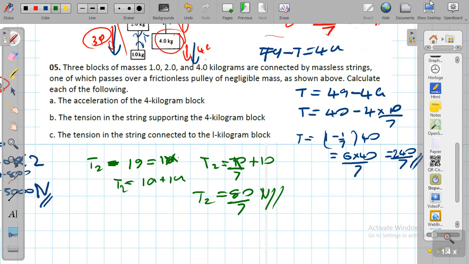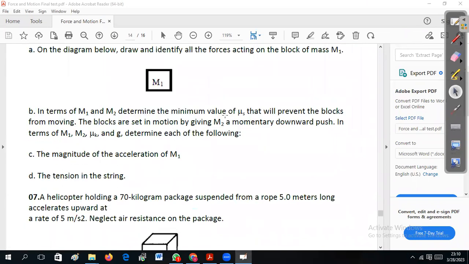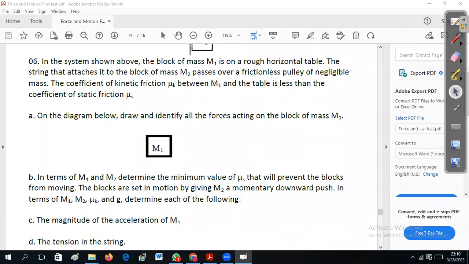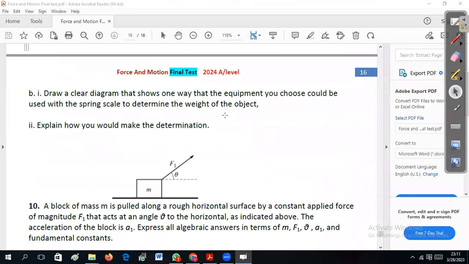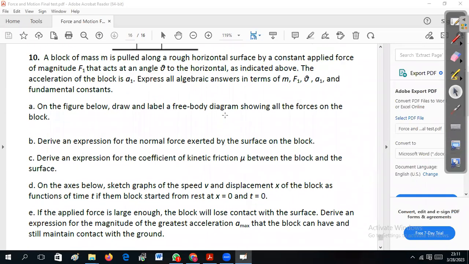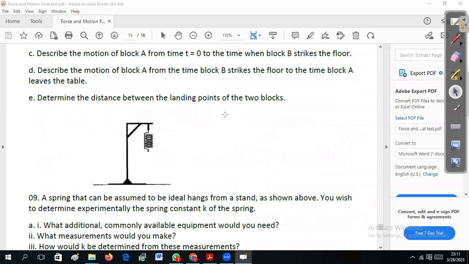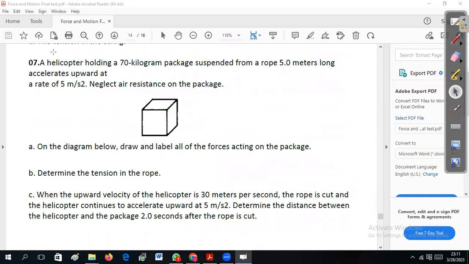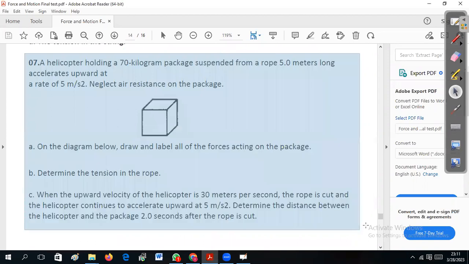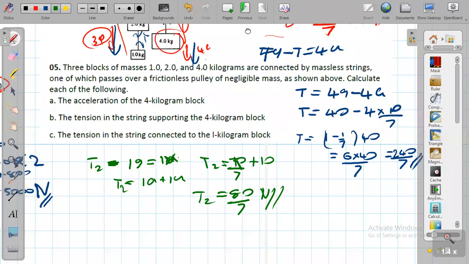Wow, only 7 students remain. Okay. Now let's do the 7th one and finish the day for today.